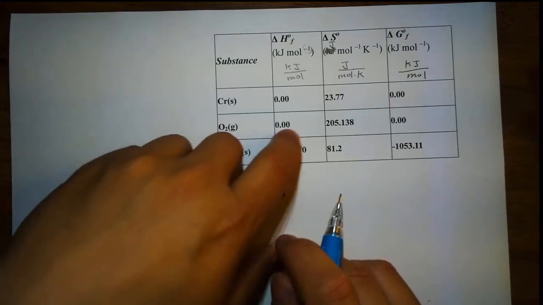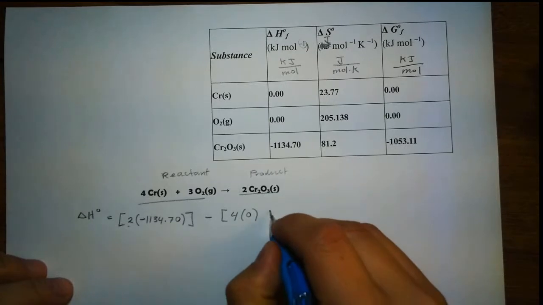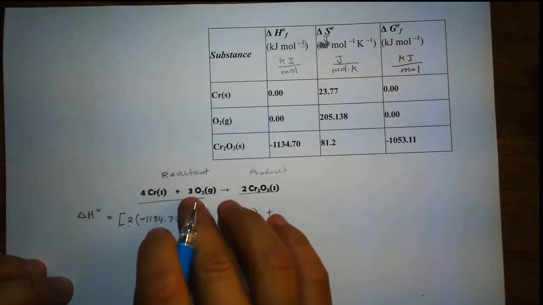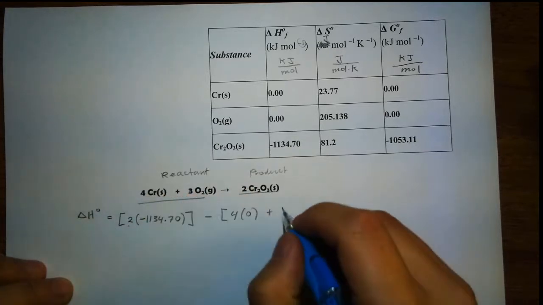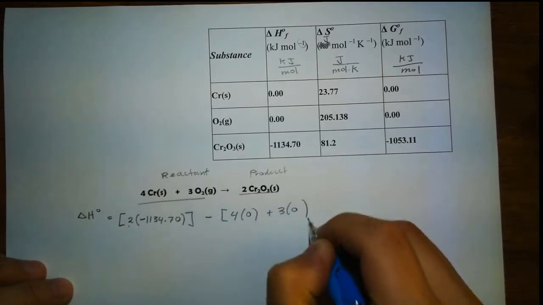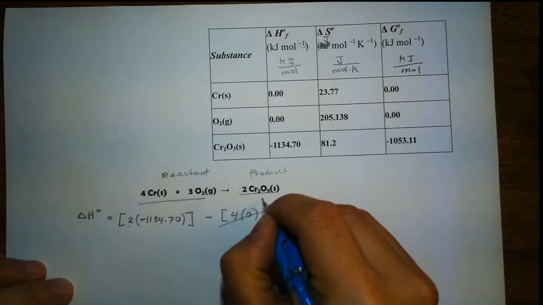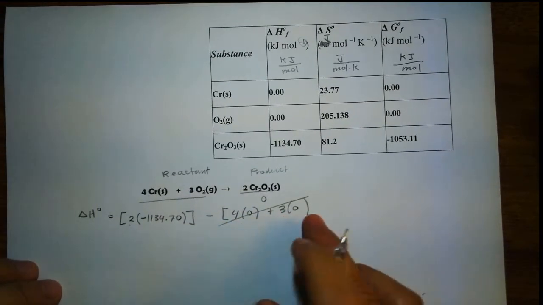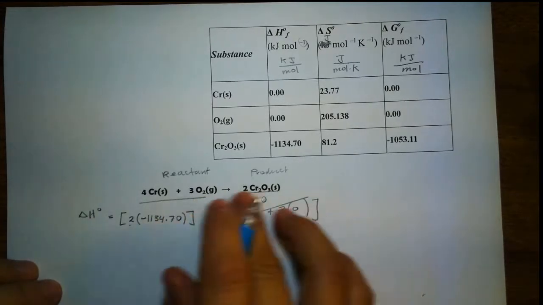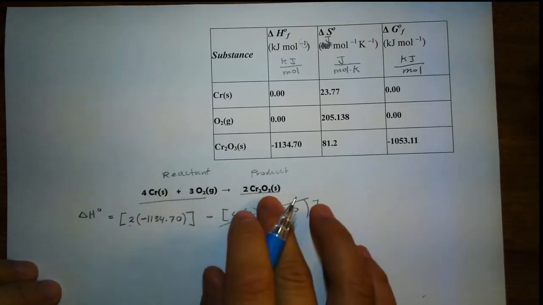Even without looking at the table, we need to realize these are 0 because they are pure elements. So we have 3 times 0. So I can say 0 times 4 and 0 times 3, and we add them all together. Of course, this whole thing will cancel out, equal to 0.